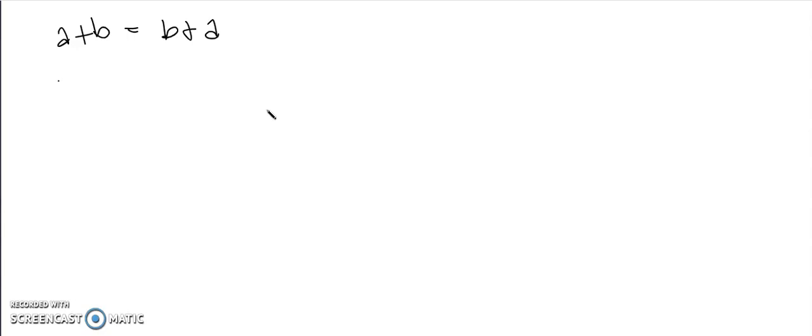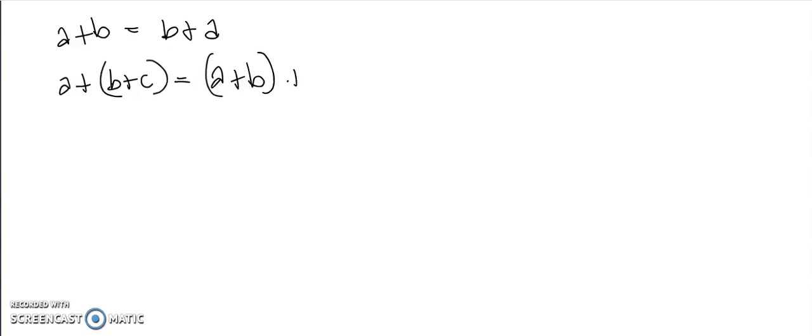So we have b plus c equals a plus b plus c, and then we have a plus 0 equals a, and a plus negative a is equal to 0.